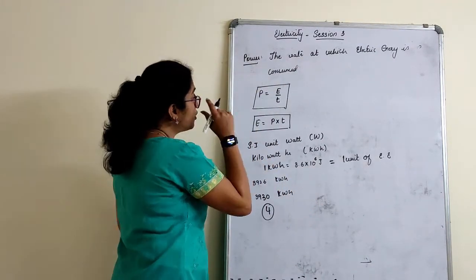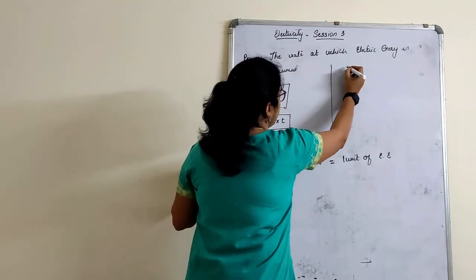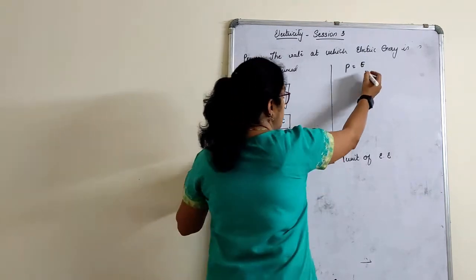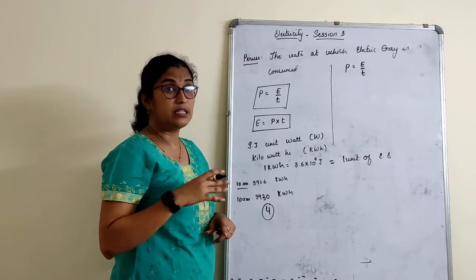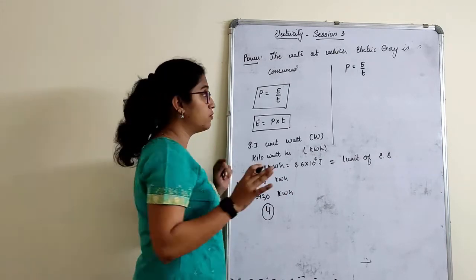A few more forms of the formula, if I have to write: just see here, we will again take the same thing. Power is the rate at which the energy is consumed. We already know that heat is a form of energy, and energy is the capacity to do work, right?